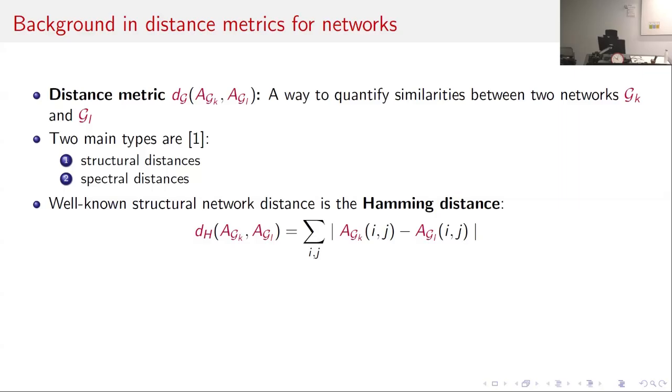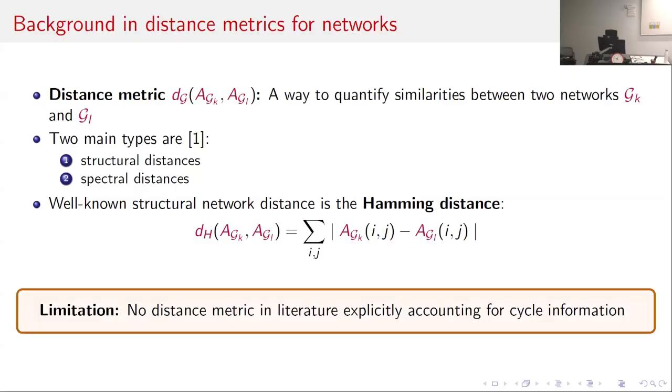There are ultimately two types of distance metrics: the structural ones, which focus on more local properties of the network, and the spectral distances that capture more global properties. A very well-known structural network distance is the Hamming distance, which you know here by the H, and it's ultimately capturing the not-in-common edges between two networks.